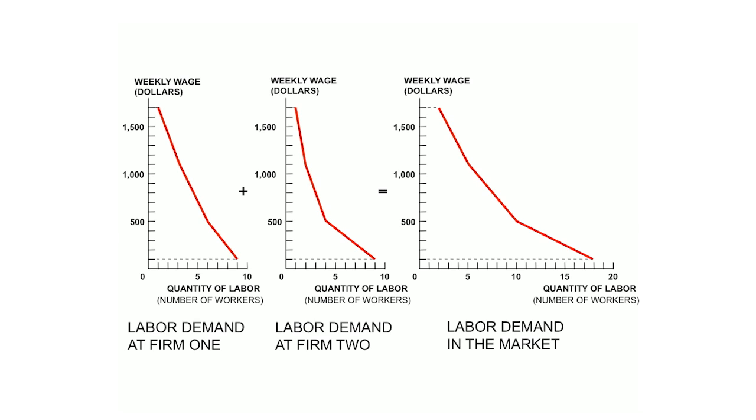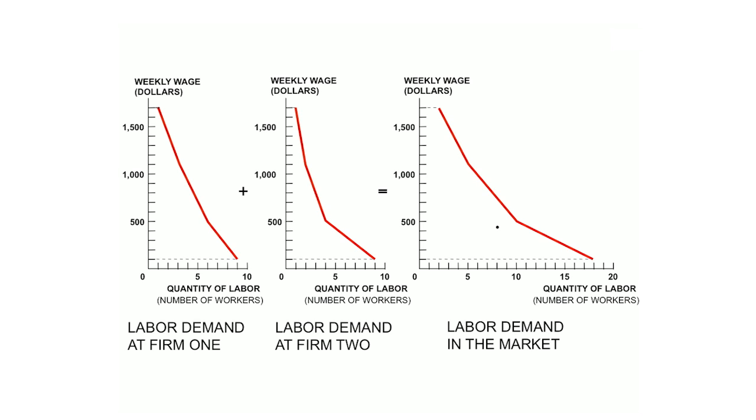For firm one, we have on the vertical axis the wage and on the horizontal axis the quantity of labor demanded by that particular firm, and there's the downward sloping labor demand curve derived just like we did with the numerical example. Firm 2 is the same thing. It doesn't have to look so much the same. They're not exactly the same in reality, but it's basically whatever it happens to be. And then to get the demand curve for the market, we just want to sum across in this picture.